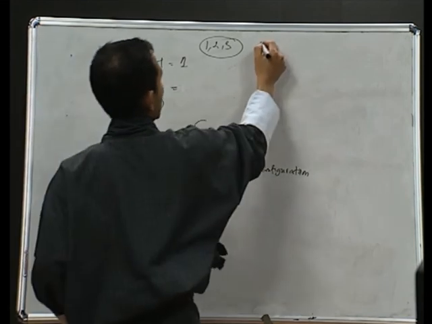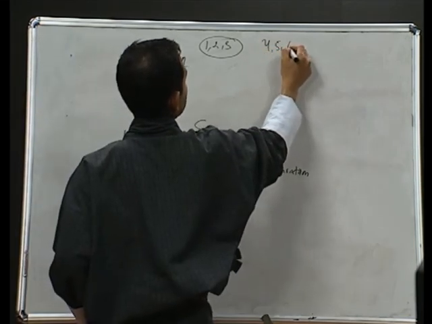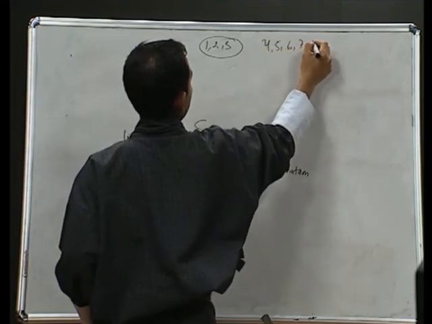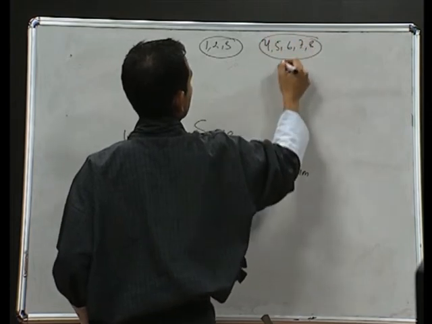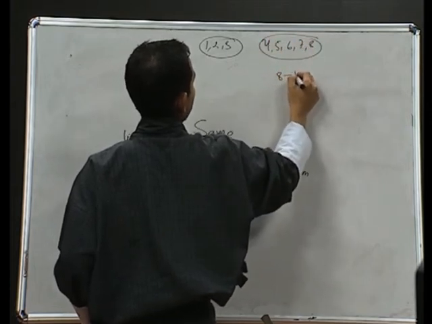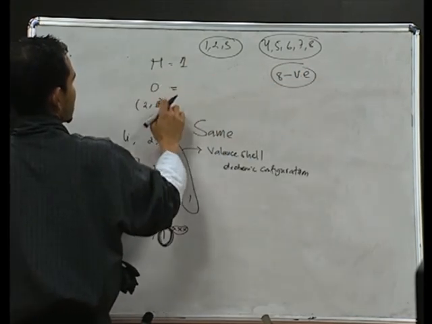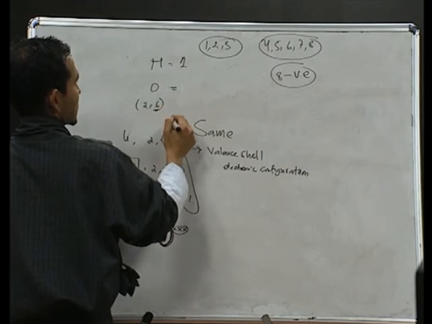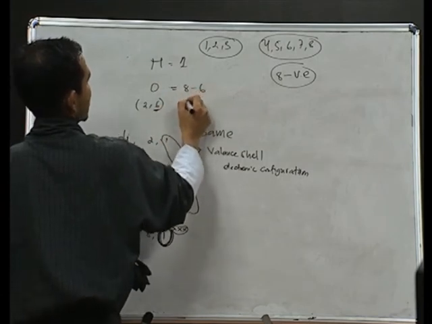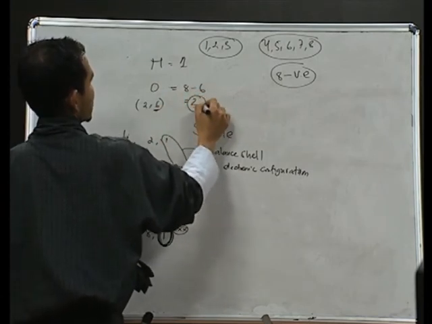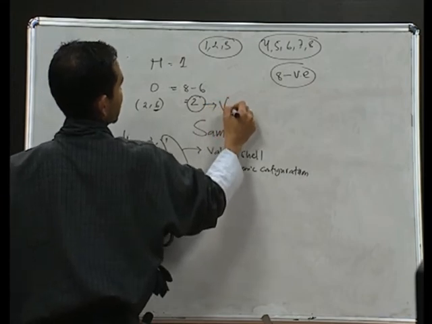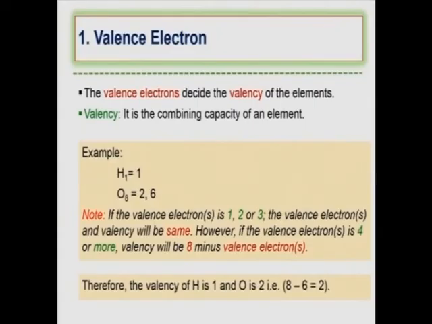But if it is 4, 5, 6, 7 or 8, then we subtract the valence electrons from 8. Here in the case of oxygen the valence electron count is 6, so 8 minus 6 gives 2, which is the valency. Therefore, the valency of hydrogen is 1 and the valency of oxygen is 2.